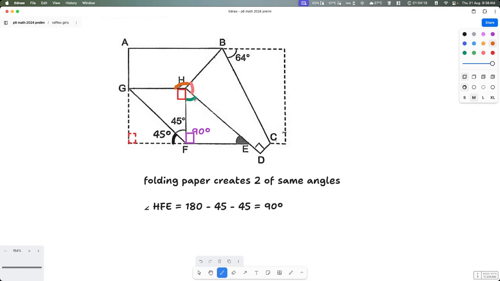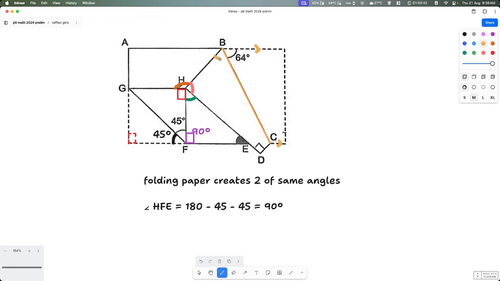As you can see, this over here is a trapezium, because this is parallel to this.